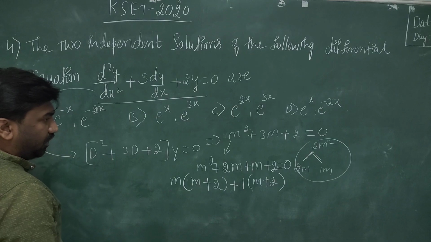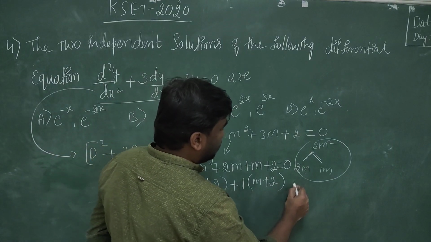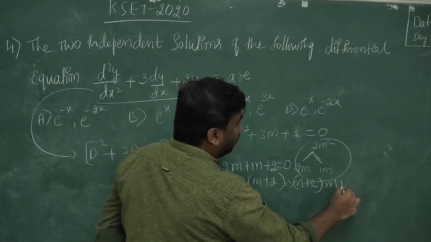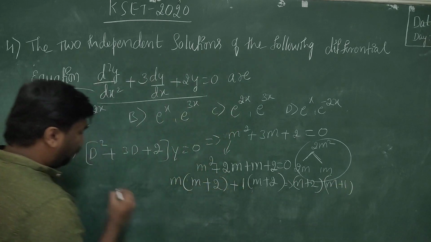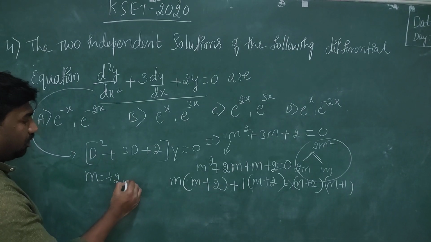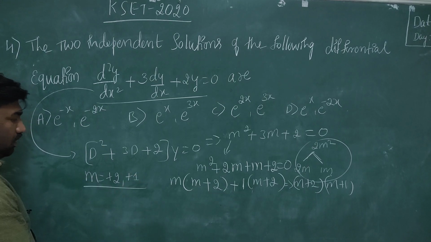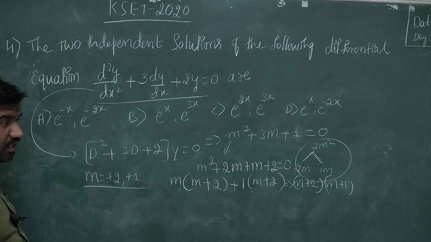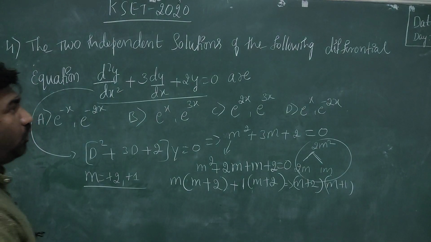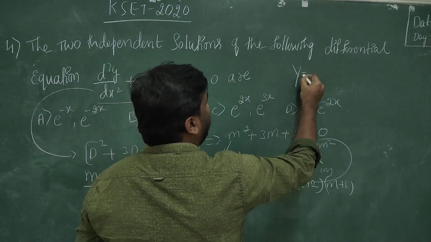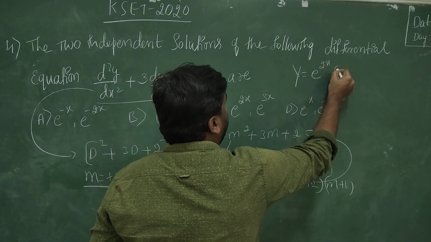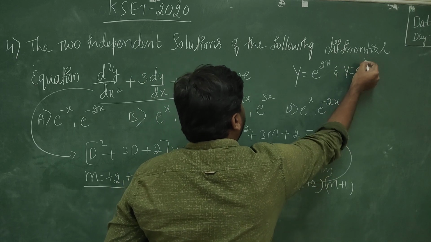Therefore the solution is (m plus 2) and (m plus 1). The solutions are real and distinct, therefore y is equal to e power, e power x.